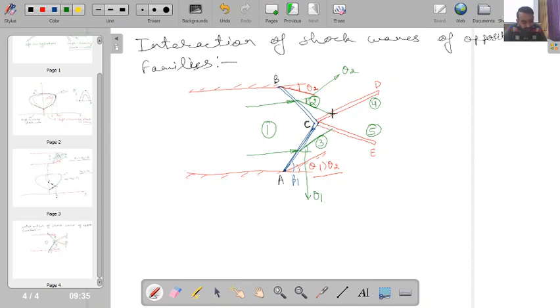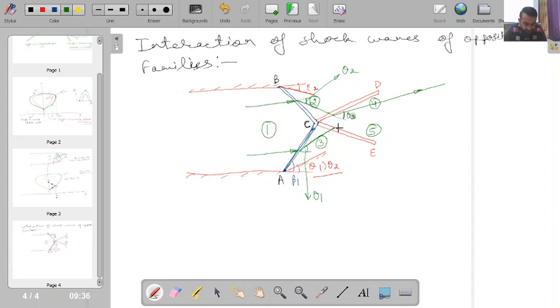What will happen after this point? Once again this will deflect. Say it has taken this direction, and the angle between this and this is my theta 3.